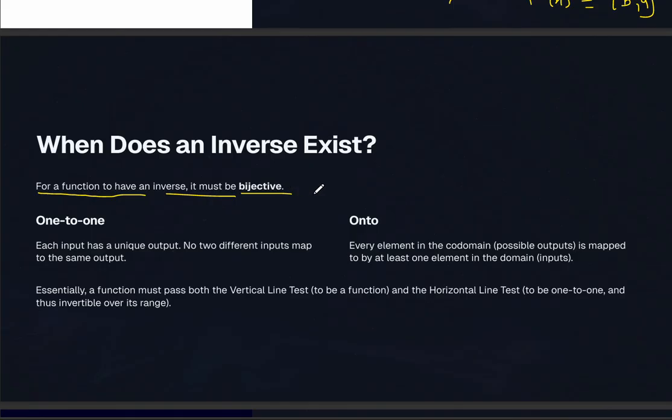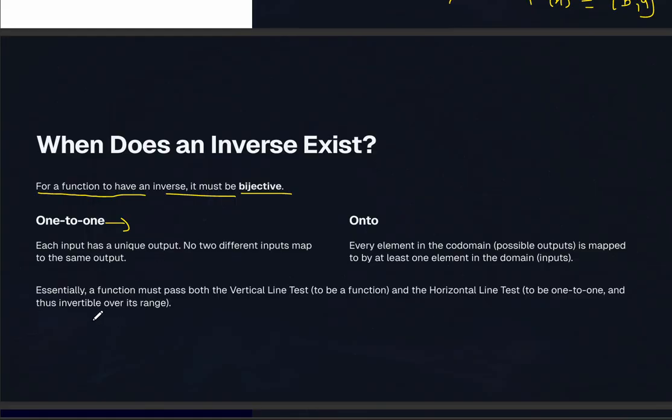By bijective we mean the function should be 1 to 1 and onto. Now let me explain what is meant by 1 to 1 and onto functions. 1 to 1 functions are functions where each input has a unique output. No two different inputs map to the same output.